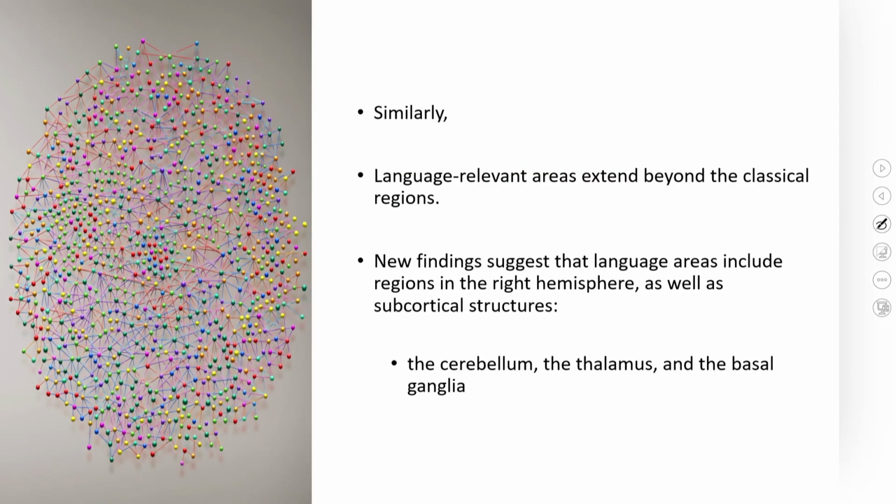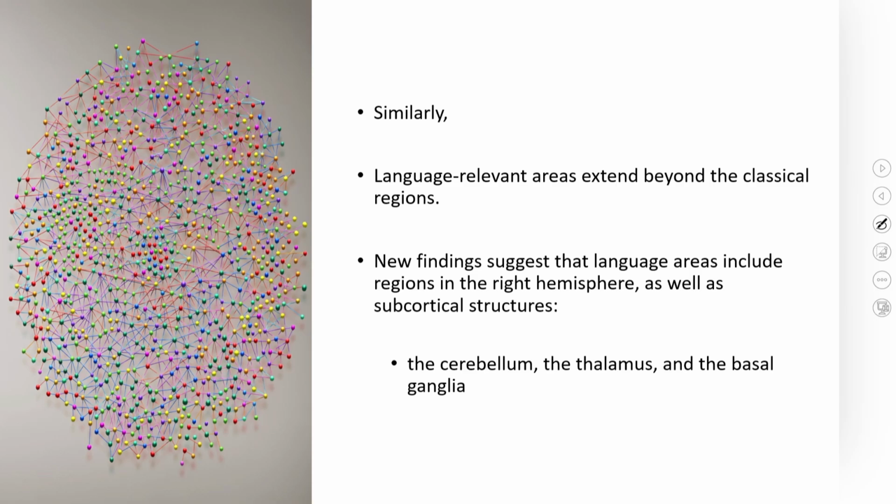Similarly, language-relevant areas extend beyond the classical regions. We started with Broca's area, Wernicke's area and the 3 cortical domains: visual, auditory and motor cortex. These are called the classical language areas. But now we know that language areas extend far beyond this.